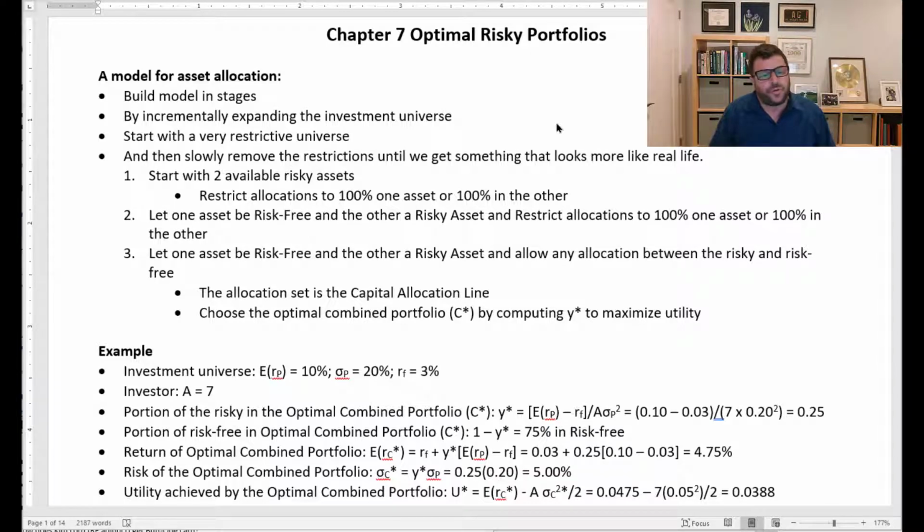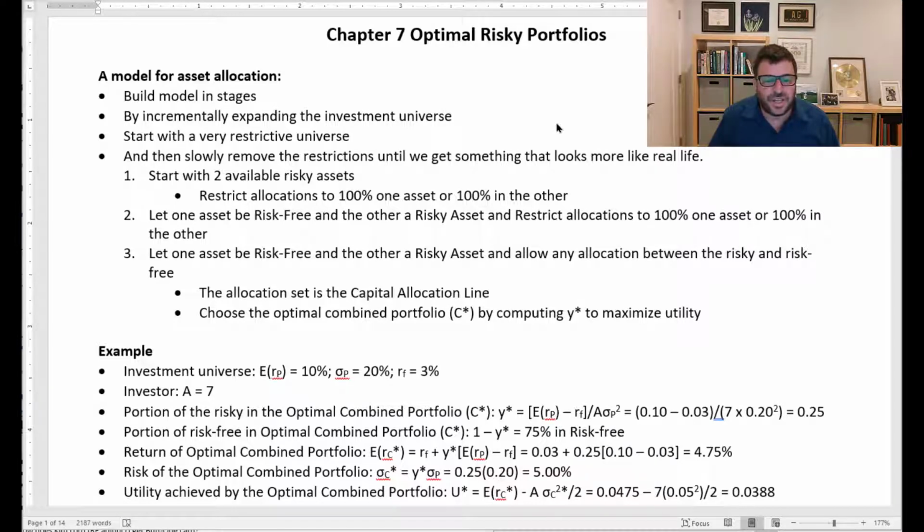So we started with two available risky assets, and we said you can put 100% in one or you can put 100% in the other, and that was relatively easy. There was either dominance or we went through utility. Then we let one asset be the risk-free and the other asset be a risky, and we restricted allocations to 100% in one or 100% in the other, straight up utility. Next, we got a little bit more complicated.